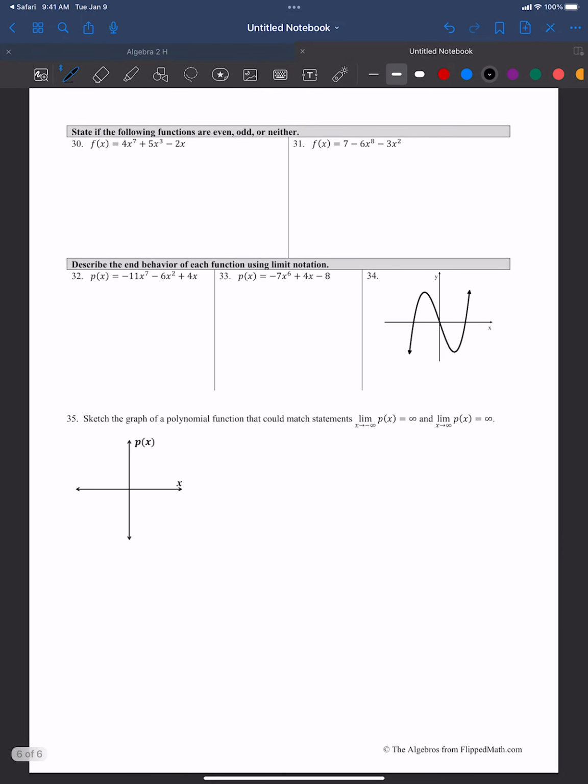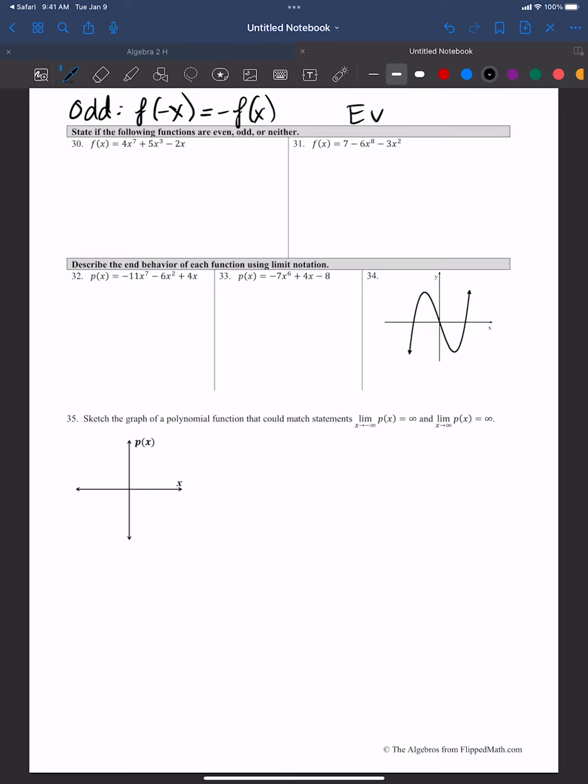Now, the last few, state if the following functions are even, odd, or neither. So remember, now I'm not given the graph, so now I kind of have to figure this out on my own. So remember that if it's an odd function, your f of negative x needs to equal negative f of x.